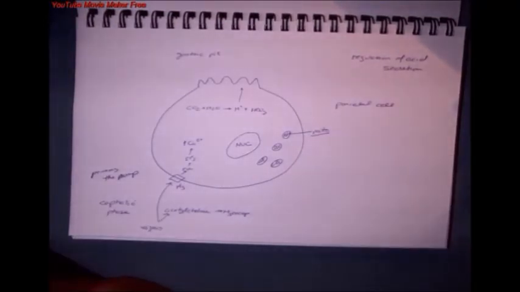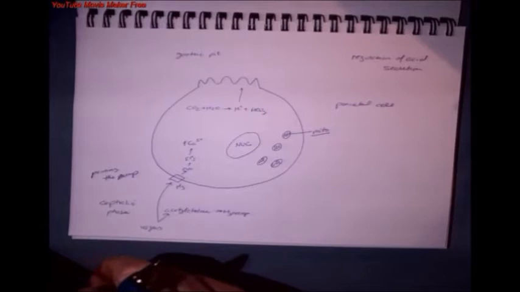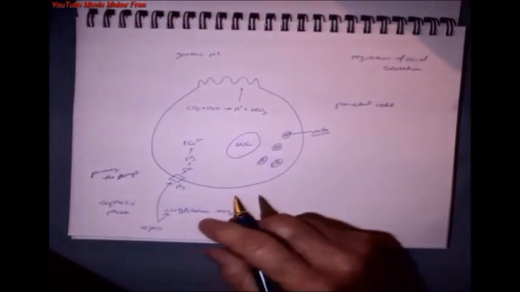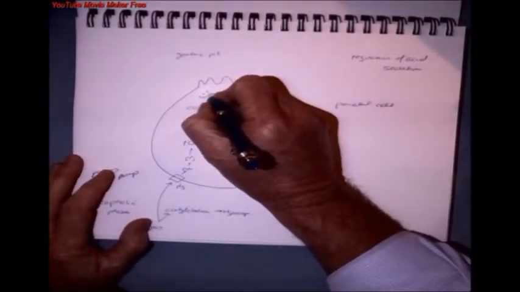Why would this cell have such a large number of mitochondria? What does mitochondria generate? Energy. Where is energy really important in this cell? ATPase, the potassium proton ATPase. So this cell is going to have a very, very high metabolic capacity in order to generate a lot of ATP so that pump is not inhibited. You want to keep that pump working. Now, in that picture, you'll also see a lot of little vesicles.